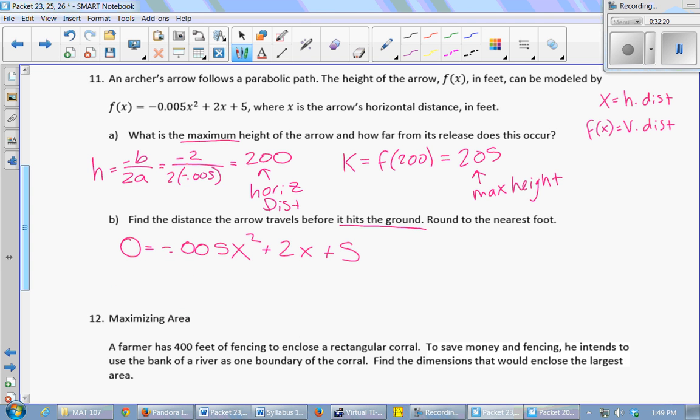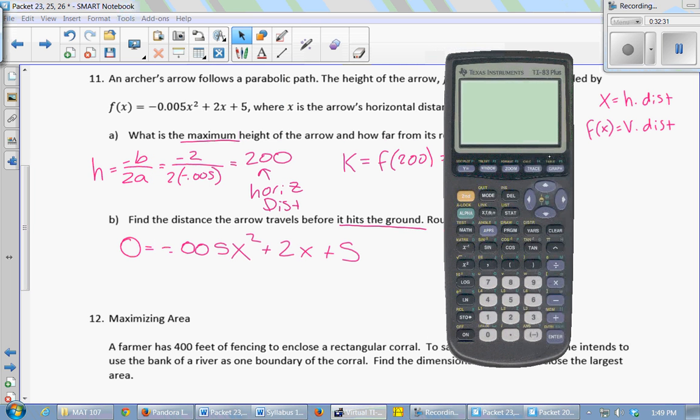Yeah, it seems like it's got to be 400 because the horizontal distance when it hits the maximum is 200, and parabolas are symmetric. So let's see, if I use the quadratic formula, let's see what I get. Okay, so I have negative b plus the square root of b squared minus 4 times a times c, all over 2 times a.